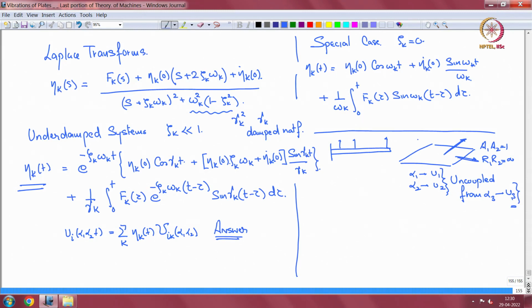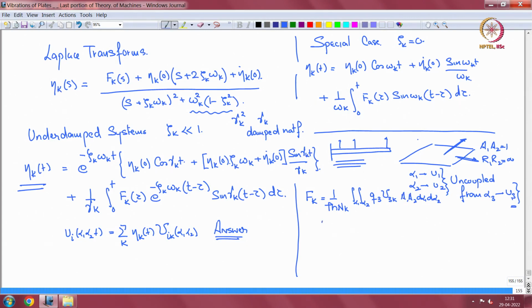So if such systems come up where u3 happens by itself, then f k will be 1 over rho h n k, integral over alpha 1 alpha 2 as the case may be. If it is 1D, there will be only one integral, but if it's a general two dimensional surface, Q3 forcing and the U3 mode shape, A1, A2, d alpha 1, d alpha 2.